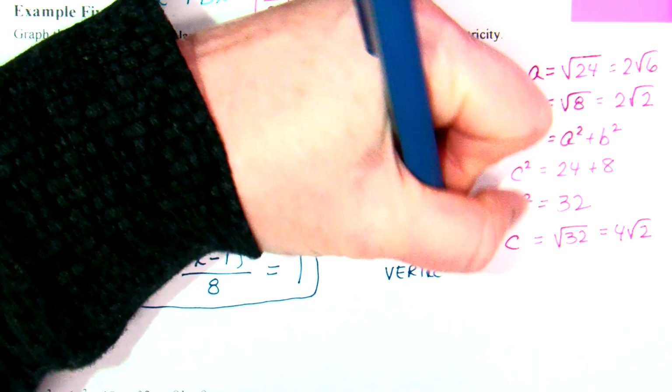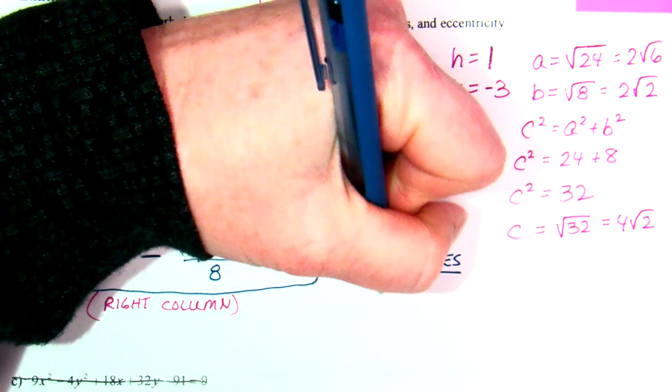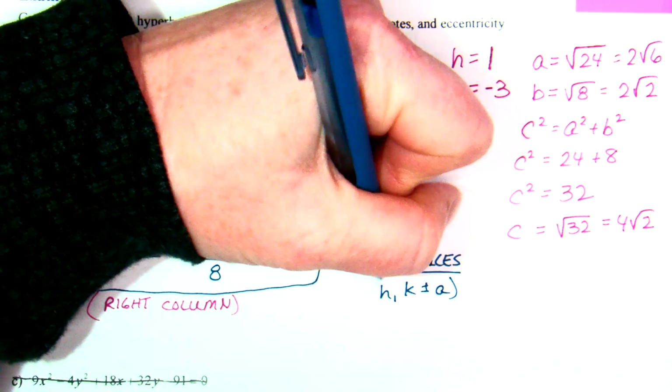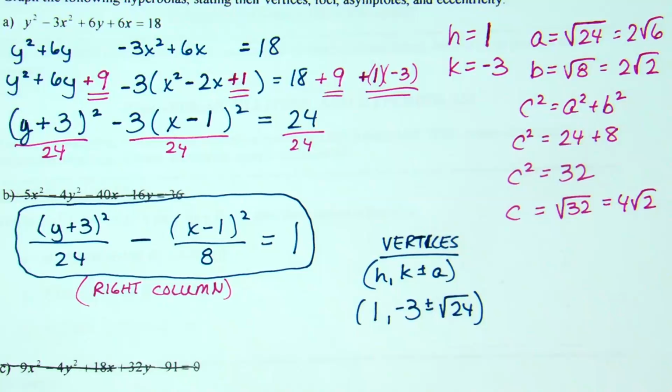So H comma K plus or minus A, which is 1, comma, negative 3 plus or minus square root of 24 will work. I think the answer key answers might be simplified. So the answer key might say 1, negative 3 plus or minus 2 square root of 6, but I can handle it either way.